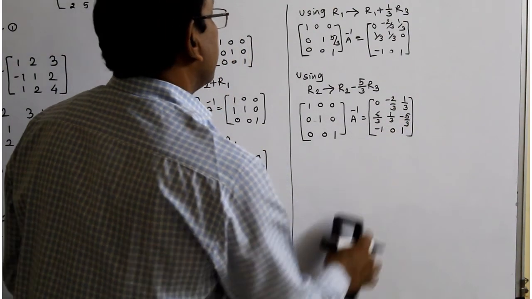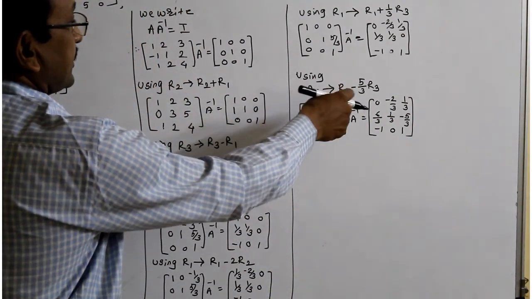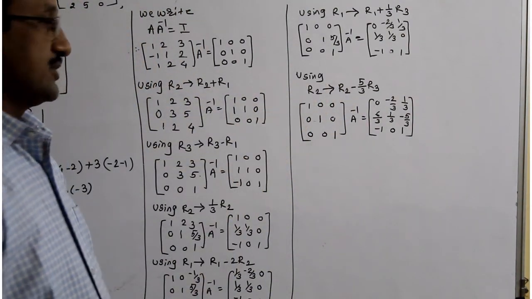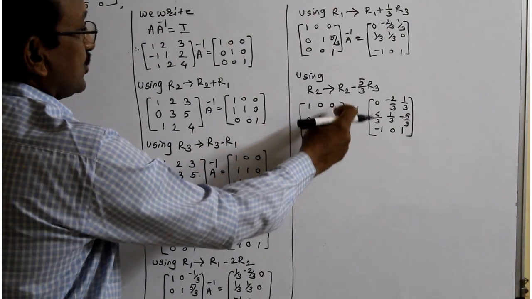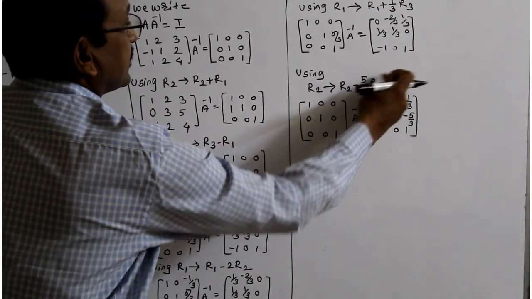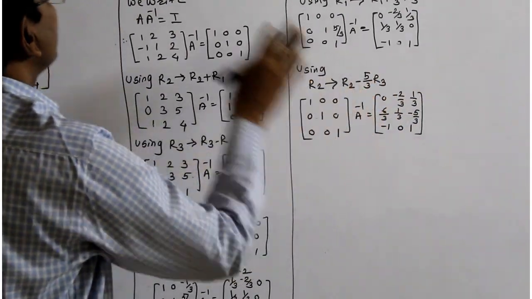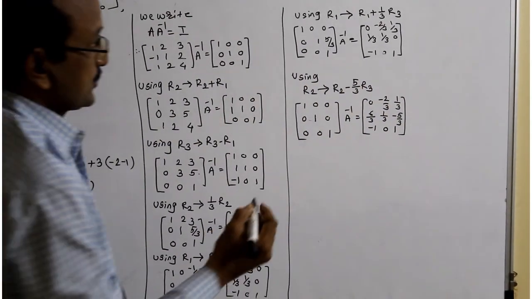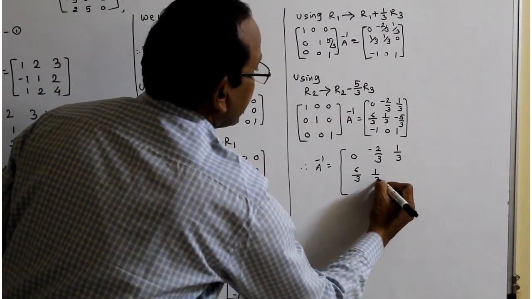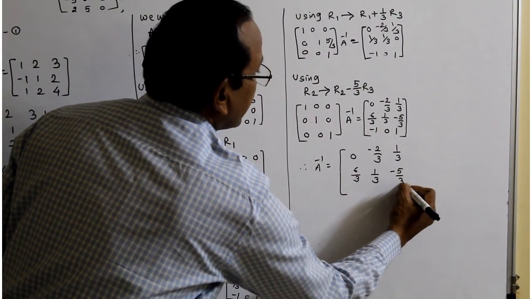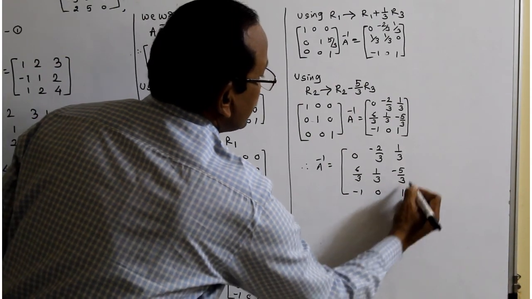So therefore observe this here. We completely reduced this matrix to the form of the identity, 1 0 0, 0 1 0, 0 0 1. So therefore this matrix is the inverse of the given matrix. So therefore A inverse is 1 by 3, minus 5 by 3, minus 1 0 1.